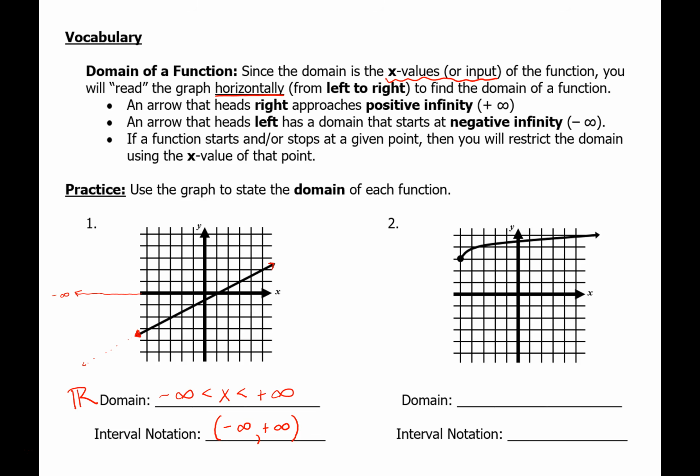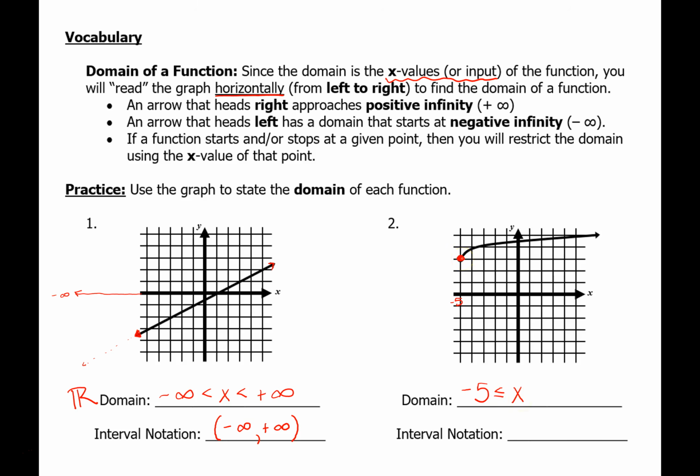If we are reading the graph from left to right, we can see that we have this end point here, and that's at 1, 2, 3, 4, 5. So that means when we write this as an inequality, the smallest our function ever gets is where x is negative 5. And because it includes that negative 5, I'm going to say that negative 5 is less than or equal to x.